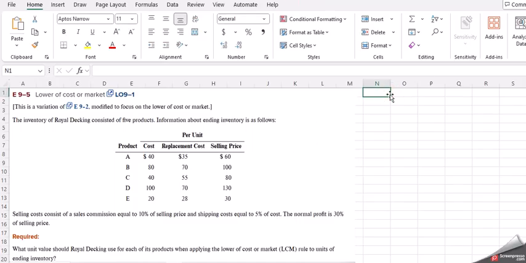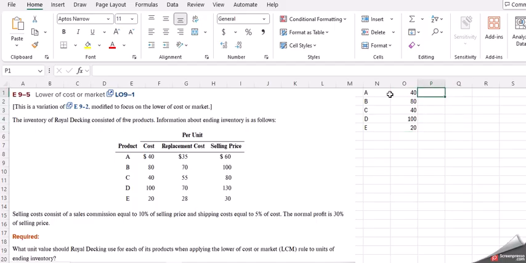So our floor is our net realizable value minus the profit margin, and the ceiling is the net realizable value.